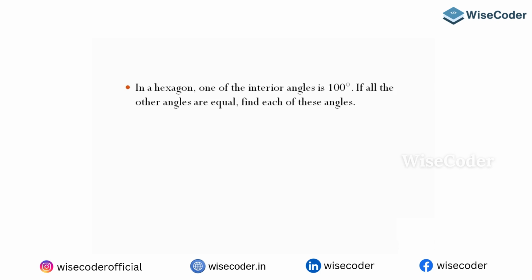Okay, so just now we understood the sum of interior angles formula. 180 into n minus 2 is equal to the sum. For a hexagon, n will become 6 minus 2. That is 180 into 4, which is 720.